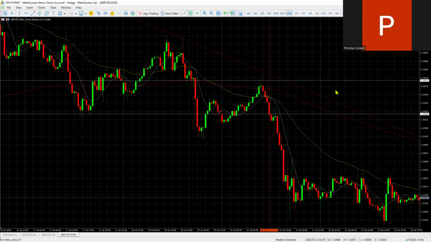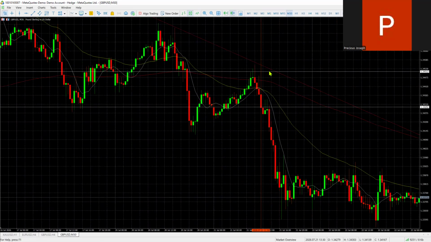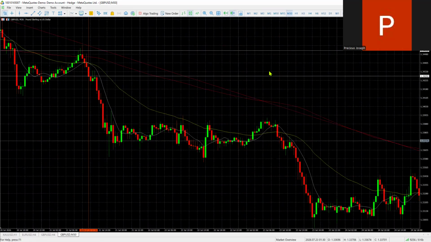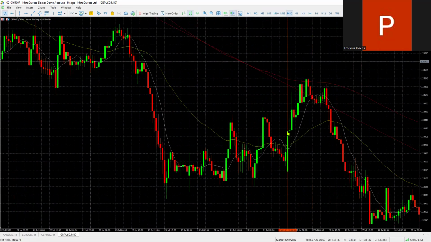After we get the liquidity grab, okay, I think this is the first one. So first of all, wait for a liquidity grab. After a liquidity grab, we then wait for price to change character. That is price to engulf an order block. Where is the liquidity grab here?